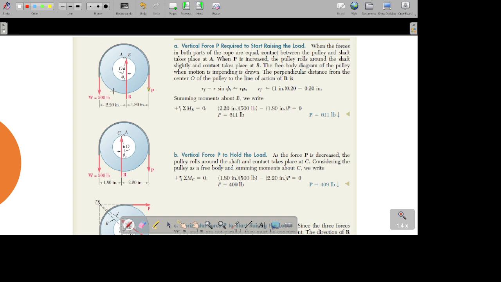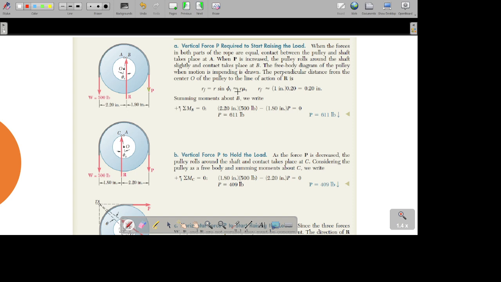Now just simple formulas, nothing difficult. So RF, the radius of friction, will be R sine phi. As our phi is very small, sine phi can be written as tan phi, because the angle is very small.